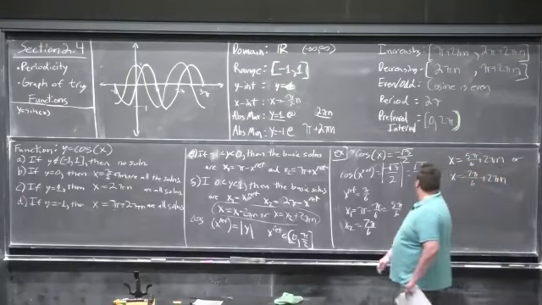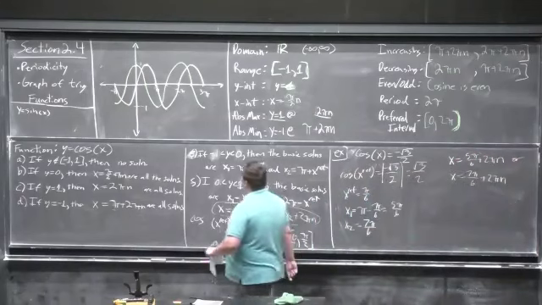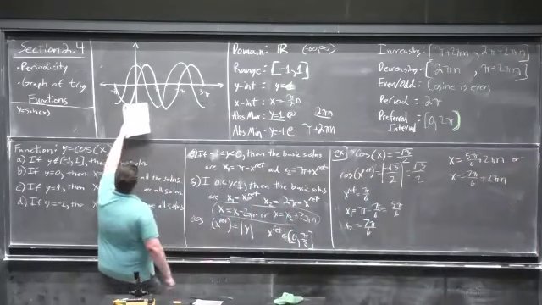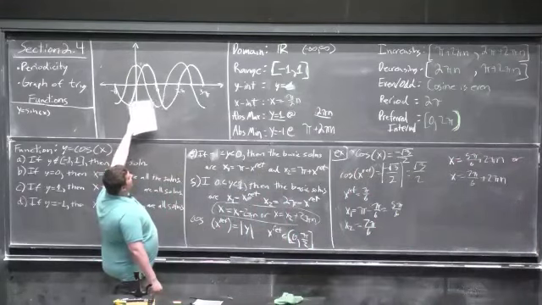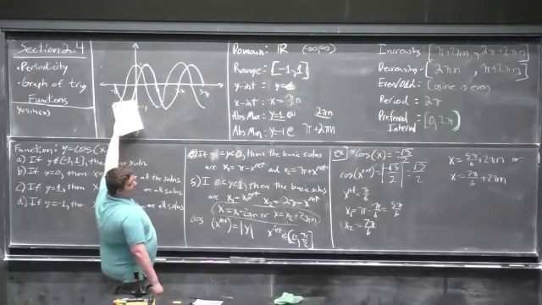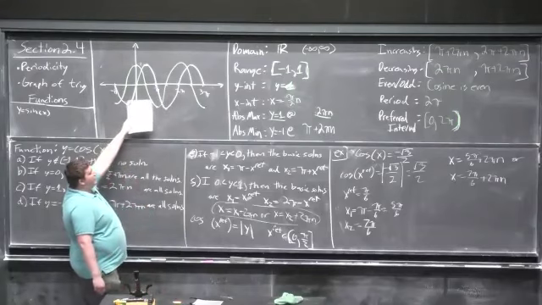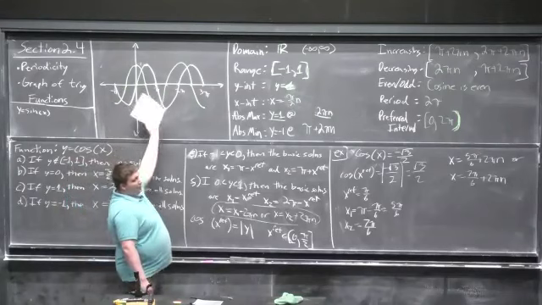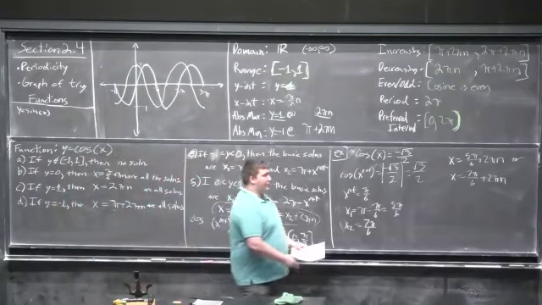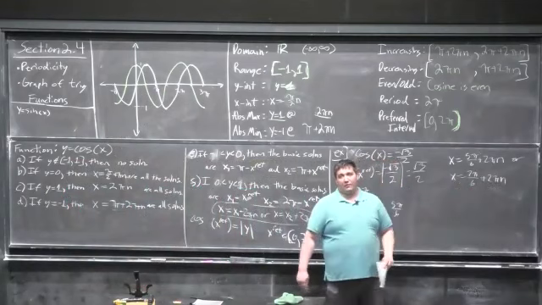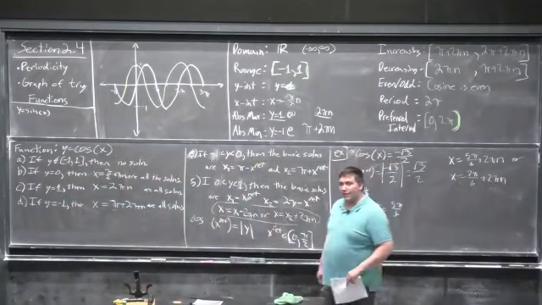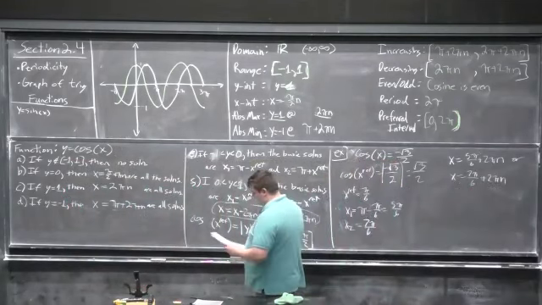And pictorially, we can look at 5 pi over 6 and say, hey, that's about here. 7 pi over 6, that's about here. That looks to be about negative square root 3 over 2. And if I take this one, I get half the solutions by adding 2 pi n. And then the other one, I get my other copy of all the solutions.